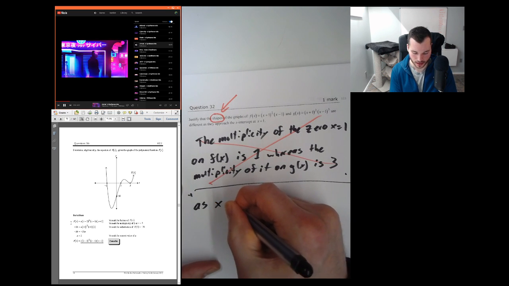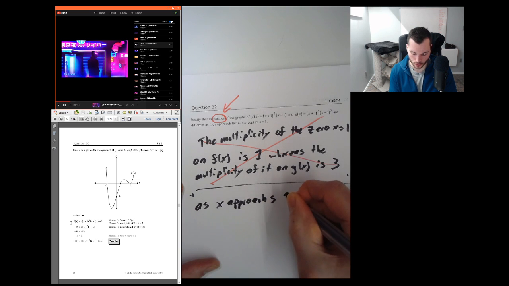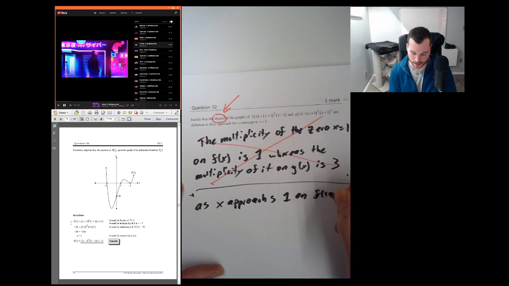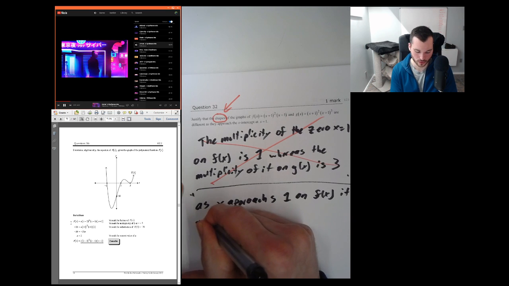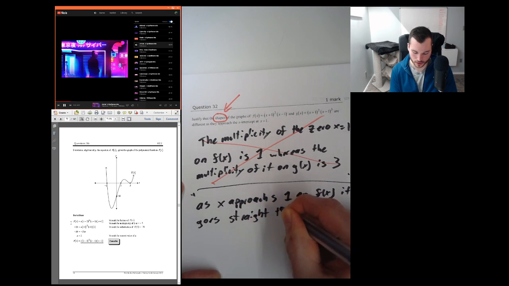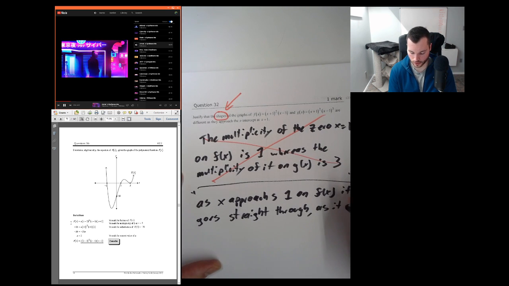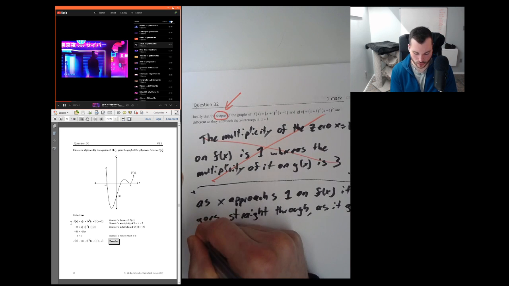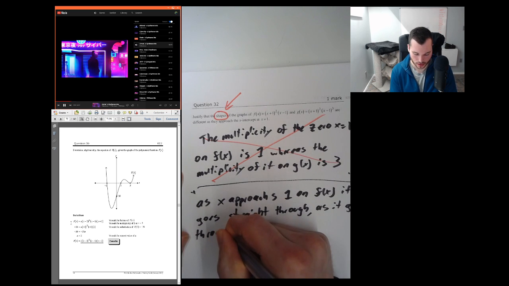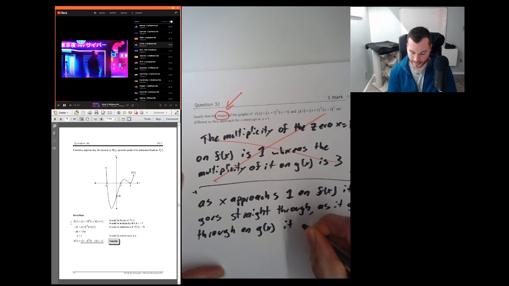As x approaches 1 on f of x, it goes straight through. Straight through. Comma. As it goes through on g of x, it levels out.